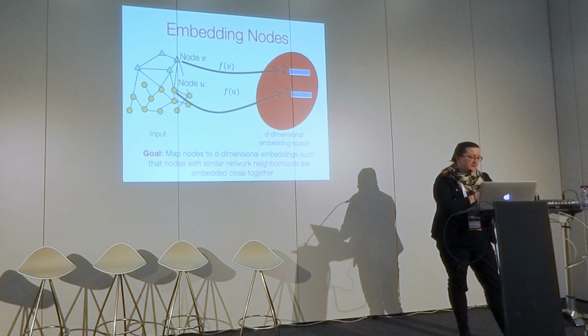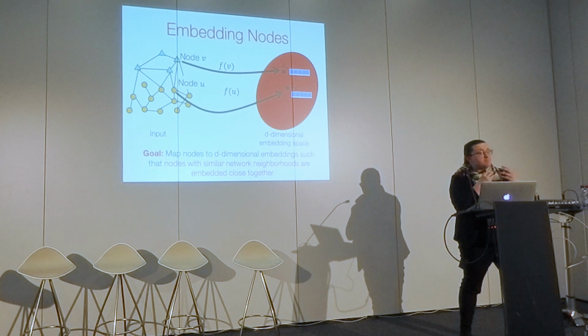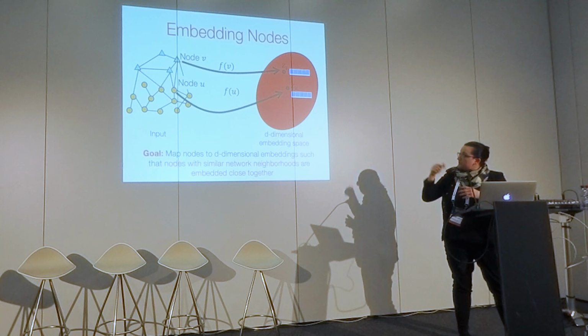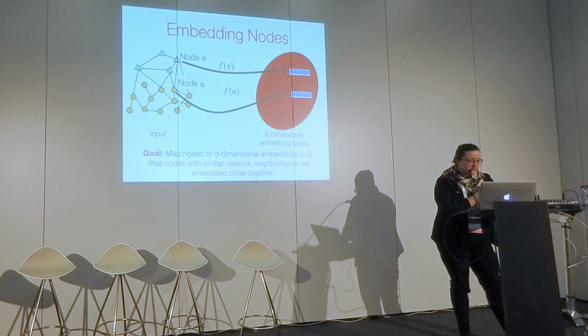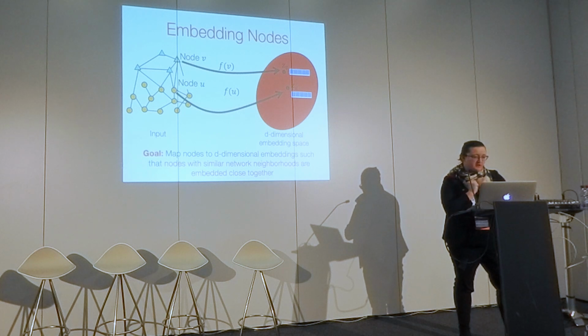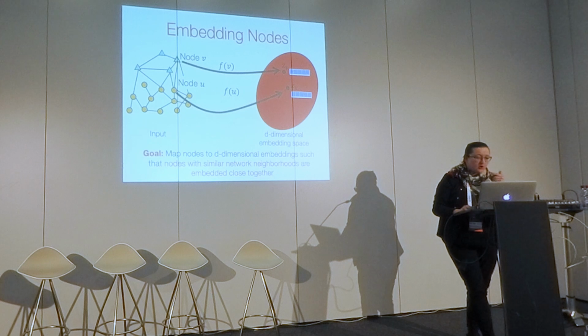So really the goal of mapping function f is that we want to map nodes to some d-dimensional embeddings, representations, or vectors of those nodes, shown here as those blue rows or vectors, such that nodes that have similar network neighborhoods will be embedded close together. Okay. So that is the core of the encoder component.